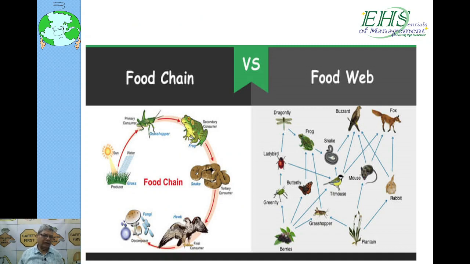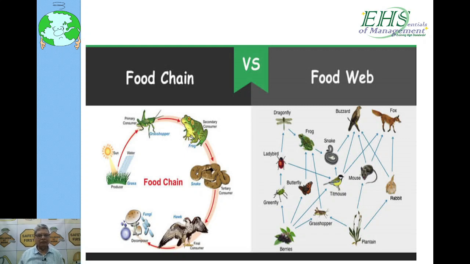So from here we can understand that with the help of water and sunlight, the seeds of the grass grow onto the ground. Then a grasshopper eats grass. The toad or a frog eats the grasshopper. The snake eats the frog, and the snake is eaten by the eagle or the hawk.